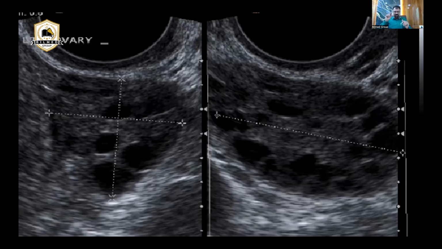The machine sends at a particular time, and then listens to the echoes sent back to the transducer. If I count it in percentage, in 1% of the total time the machine is sending the beam, and 99% of the time it is listening to the echoes coming back to the transducer. That is the duty factor.